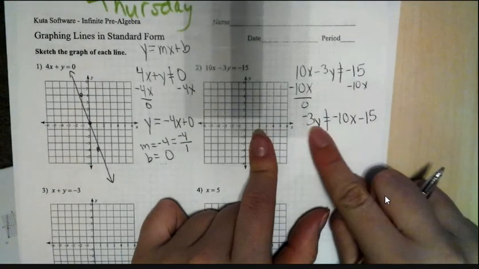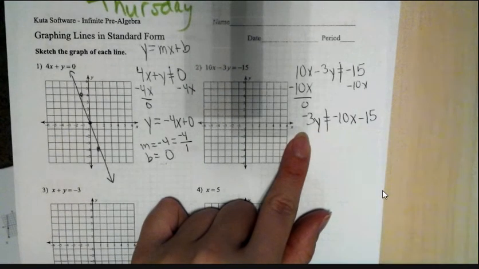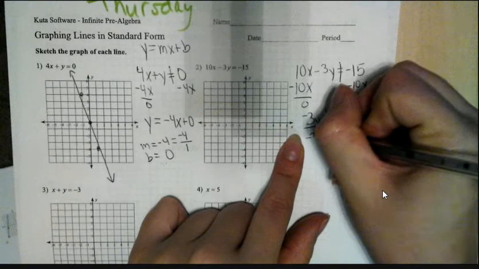Then the y is still not by itself. It's being multiplied by a negative 3. So I'm going to go ahead and divide by negative 3.